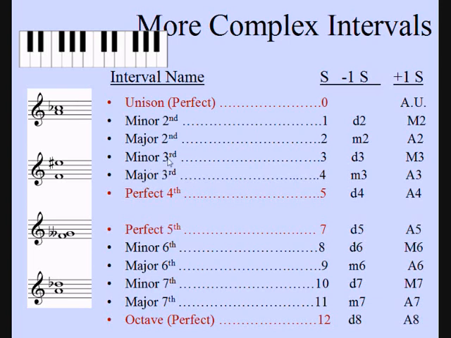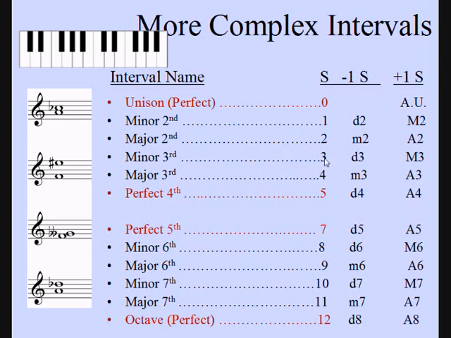A third has either 3 or 4 semitones according to whether it is a minor or a major. Now let's count the number of semitones here. This is an A and this is a C flat, therefore it's 0, 1, 2. So we have 2, and a minor third has 3.